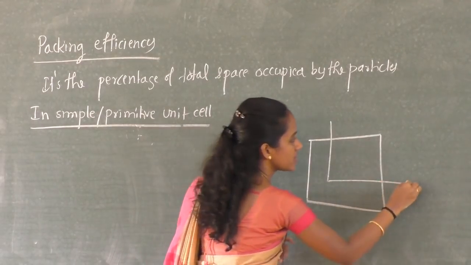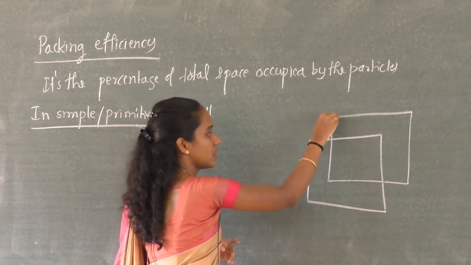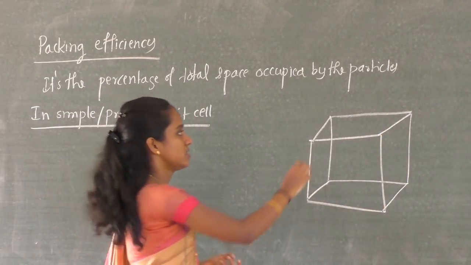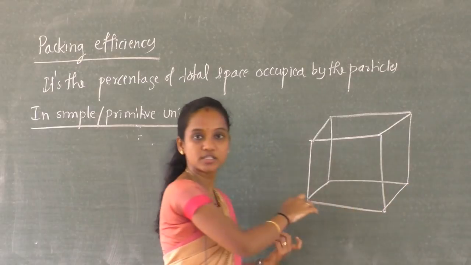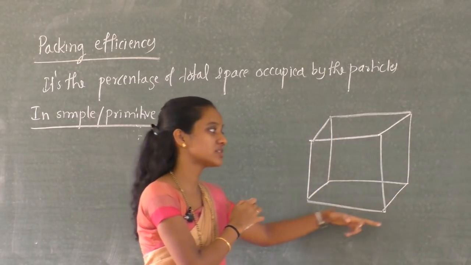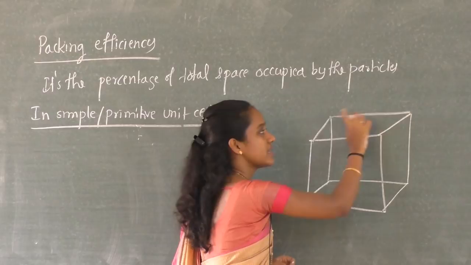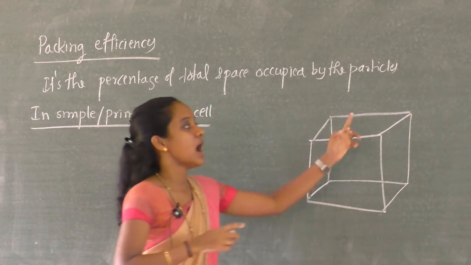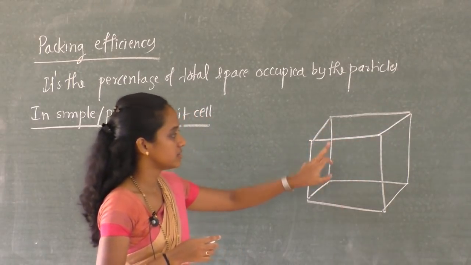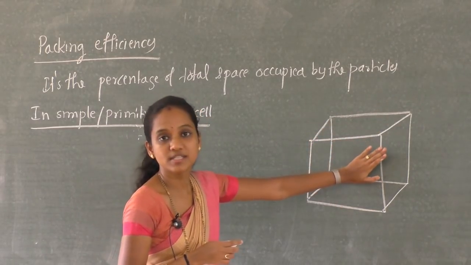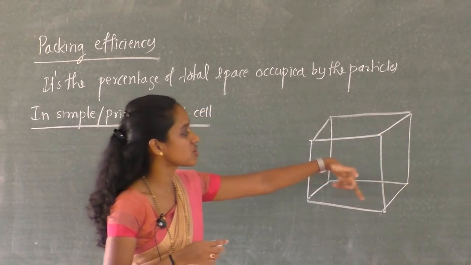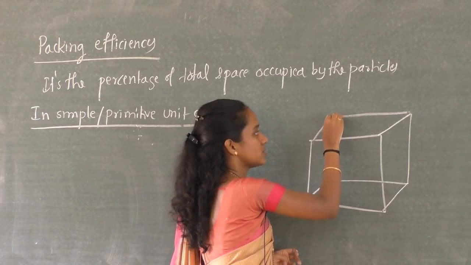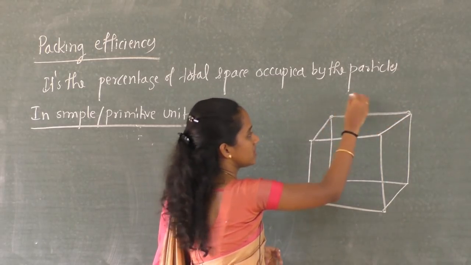So I'll take here a cubic unit cell, in that simple unit cell. Right. So here there are 8 corners. Clear? There are 8 corners in the unit cell, and at each corner position there is a constituent particle. Now I want to calculate the packing efficiency of this unit cell. It is a percentage of total space. See, I'll consider only 2 corner particles. So this is one corner. See here.